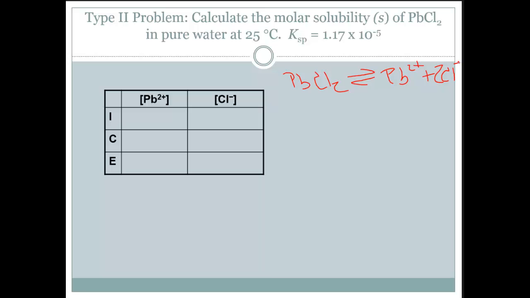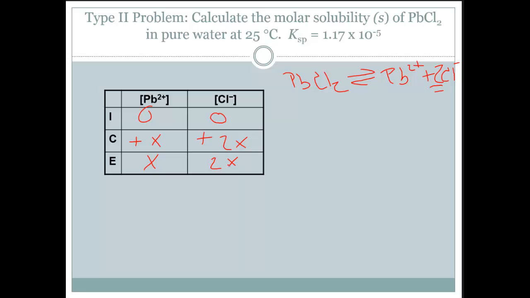So that means if we initially have zeros here, you're going to add X for the lead, and because of that coefficient of 2, we're going to add 2X for the chlorine, which means Pb2+ is X and chlorine is 2X.